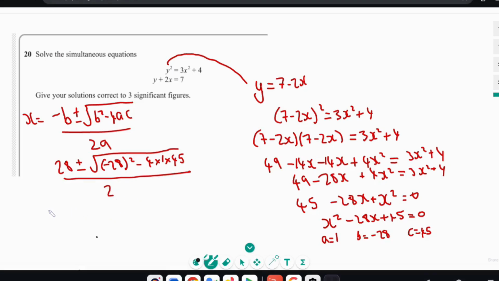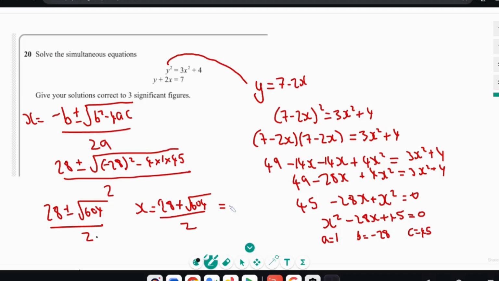So I'm going to work out the bit of the square root first. 604. So one of my answers is 28 plus root 604 all over 2, which is 26.3, which is 3 significant figures.